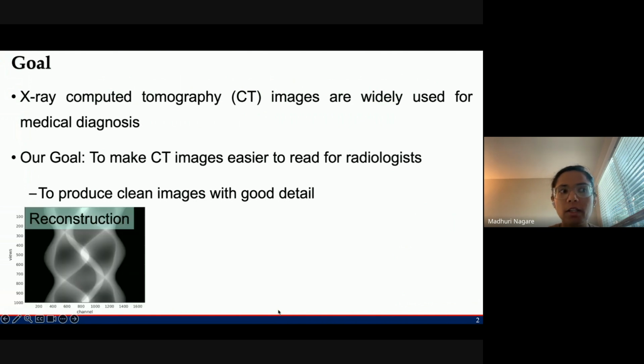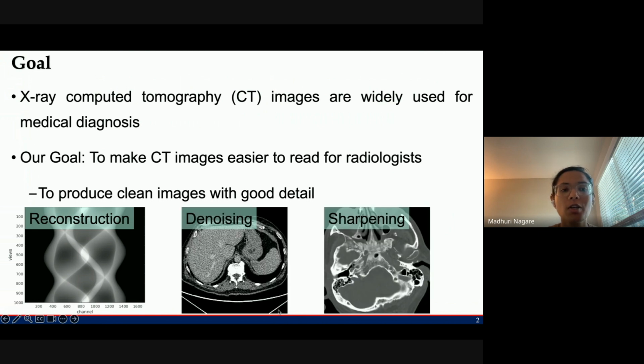There are different methods to get clean and good images with good detail. The basic principle of CT is that we get these negative log attenuation curves, and then we have a reconstruction algorithm to get them into the image domain, as you see on the two images on the right. These images are consumed by radiologists to do the diagnosis.